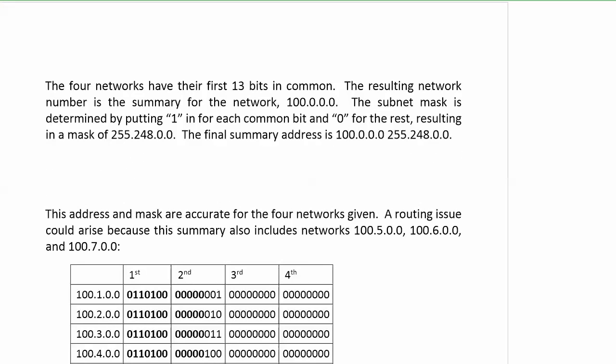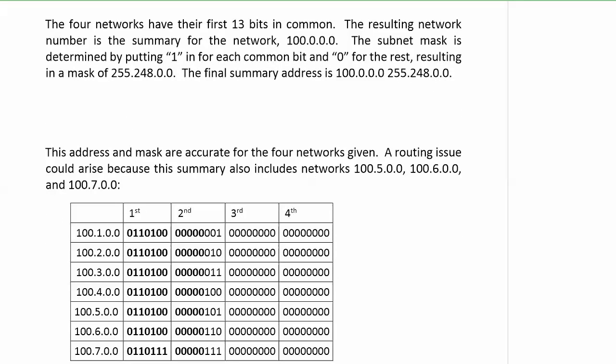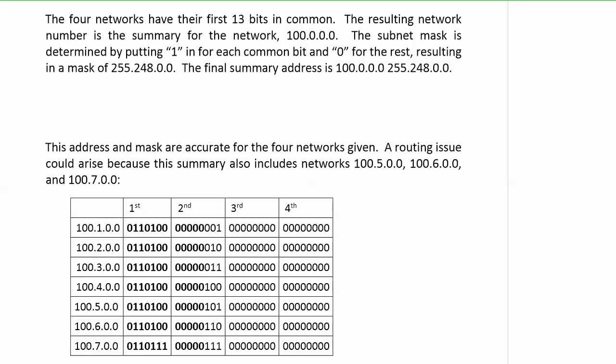The resulting network number for that summary is 100.0.0.0. And then the network mask, the summary mask, I should say, is determined by putting 1 in for each common bit and 0 for the rest, resulting in a mask of 255.248.0.0. Nothing to it, right? First 13 bits. So the final summary address is 100.0.0.0, 255.248.0.0.